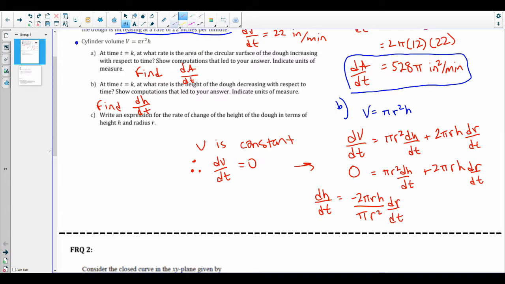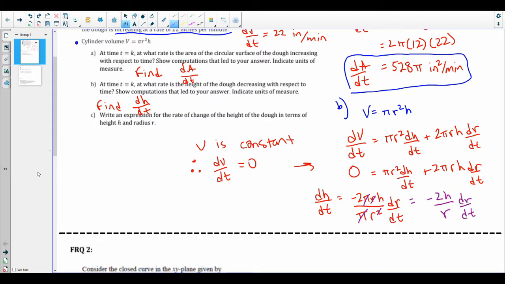Do a little cancellation here. So the pi's cancel. We lose r on top. So we have negative 2h over r, dr/dt.